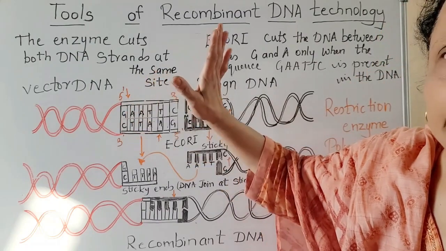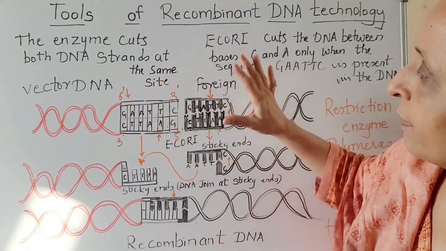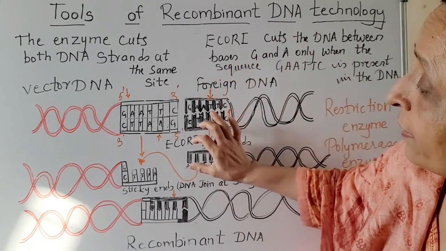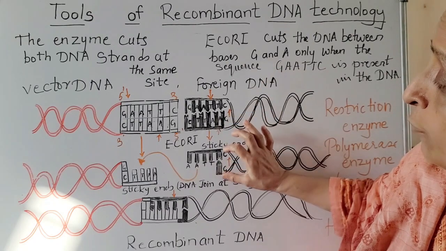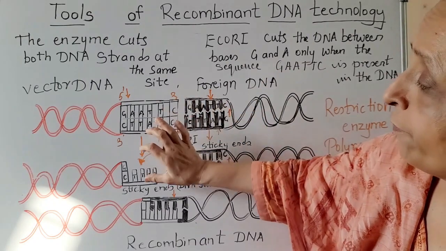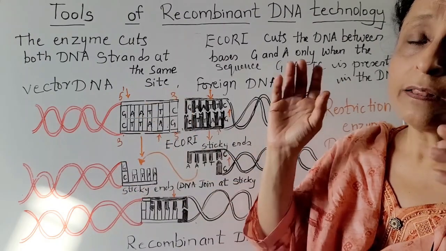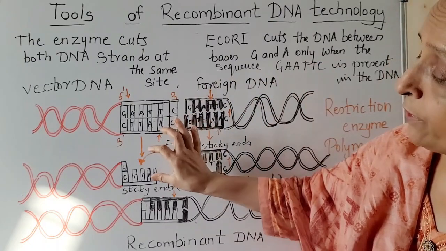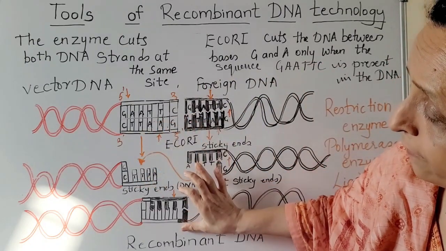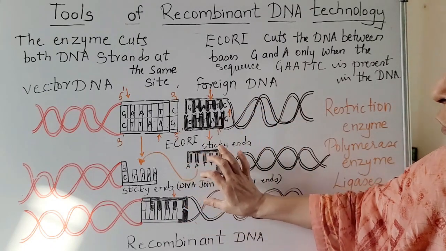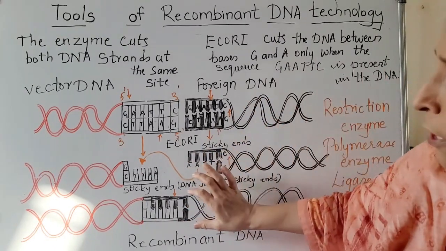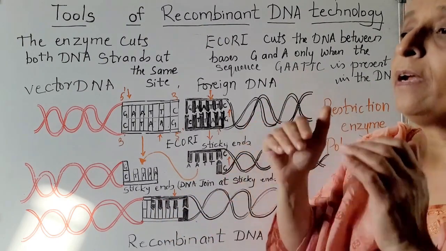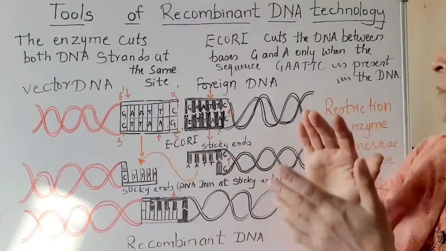It is a palindrome because it is the same from both sides. The foreign DNA also has to be cut in a particular fashion so that the sequences can be fixed one against the other. They both have sticky ends and free ends, which help the DNA ligase to fix in this manner. So DNA joins at sticky ends. Now this is the recombinant DNA which we get, and it has to be transferred into the host.